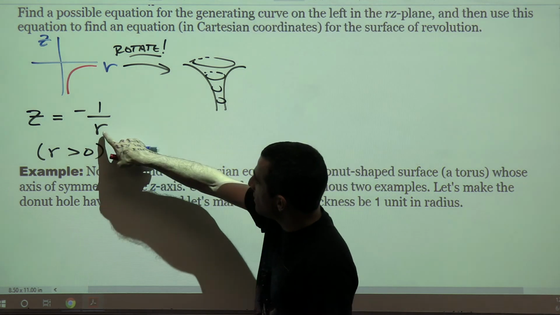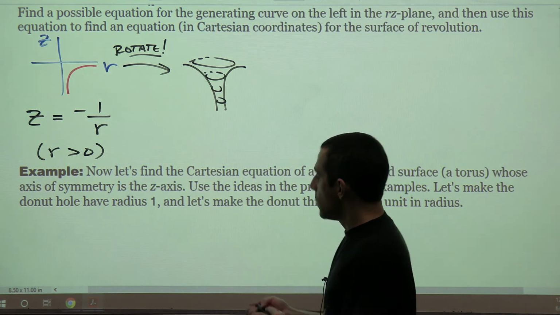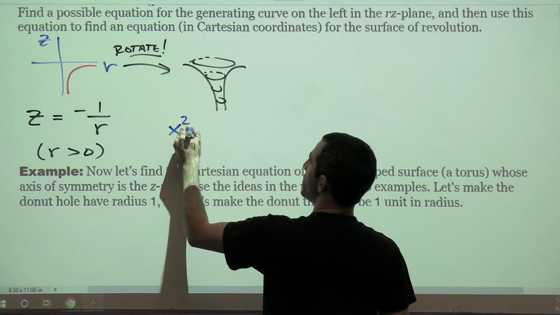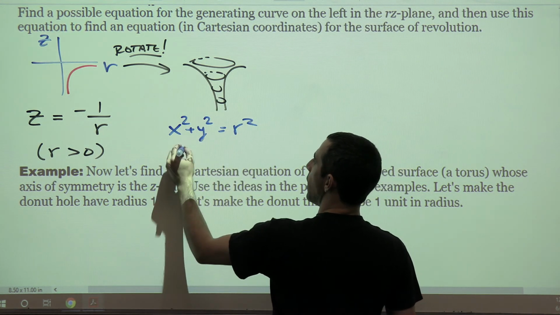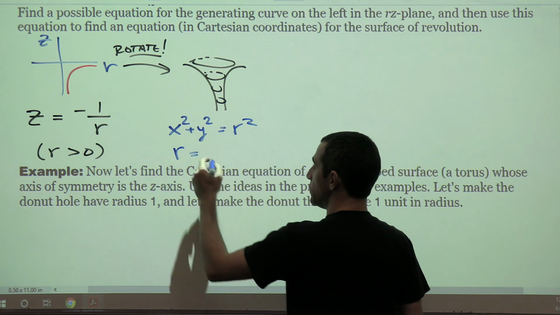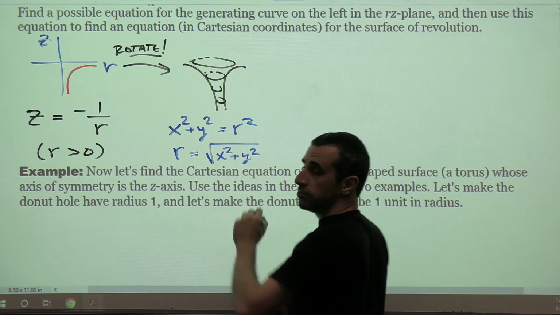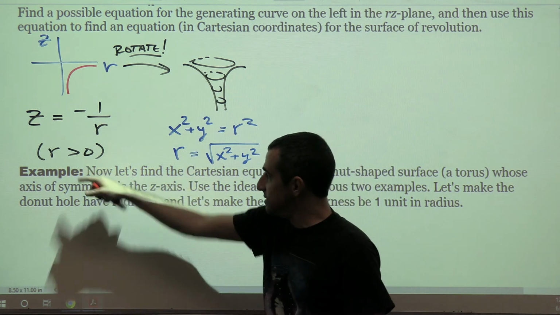So in the process of going from RZ coordinates to Cartesian, we have to use the conversion equation, which is x squared plus y squared equals r squared, which means that r is the positive square root of x squared plus y squared. It's not plus or minus, it's positive because remember, r is distance to the z-axis, so it's positive.